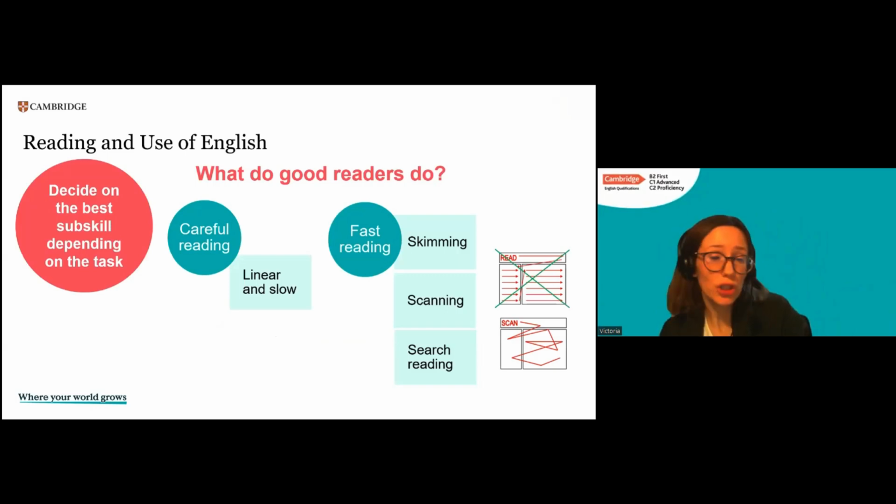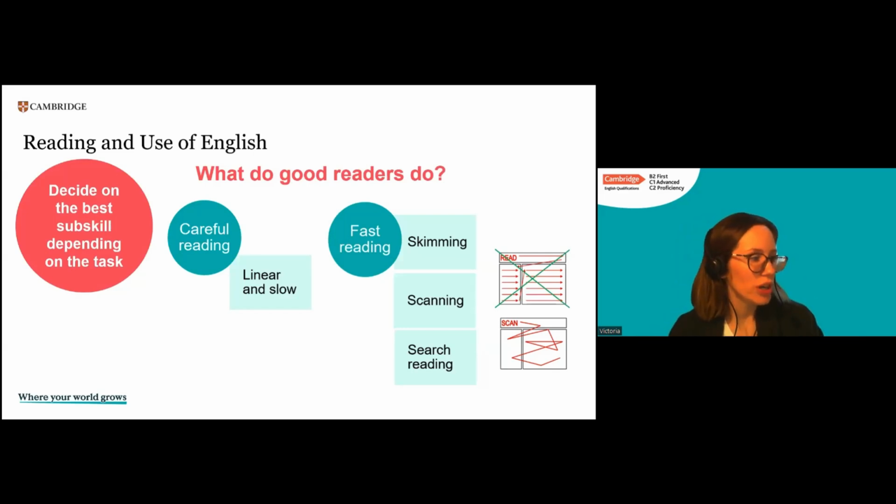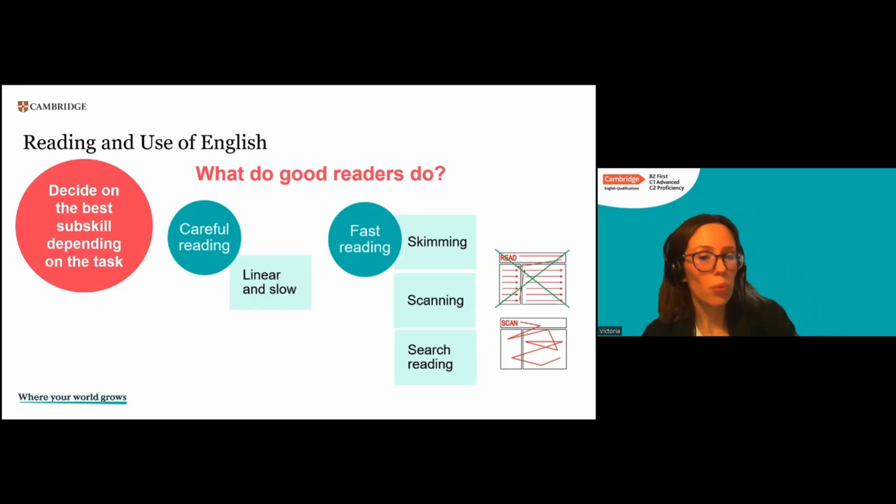So for sure, there will be situations in which we will need to engage in careful reading, which is linear and slow. It's where we are going to understand absolutely everything, the main ideas, the supporting detail. And there are situations in which we need that, when we really need to understand the text.